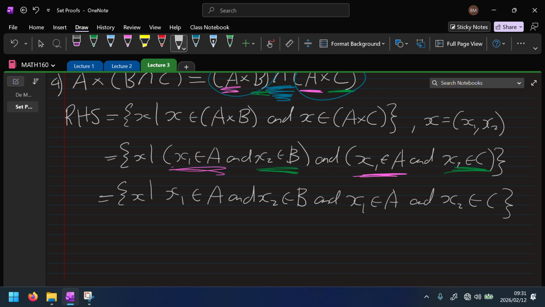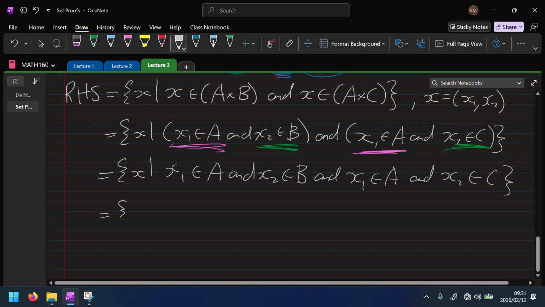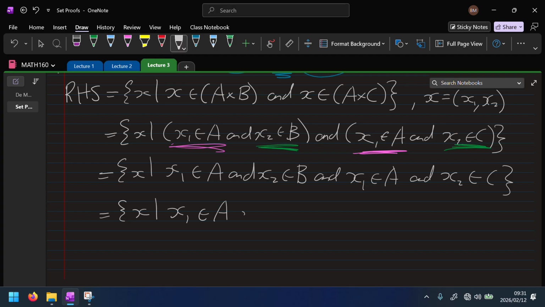I just dropped the brackets because the ordering doesn't matter. Now here I have X1 elements of A and X1 elements of A. It's repeated. So what can I do? Yeah, I can just write it as one term. Exactly. So this is going to be X such that X1 is an element of A and X2 is an element of B and X2 is an element of C.